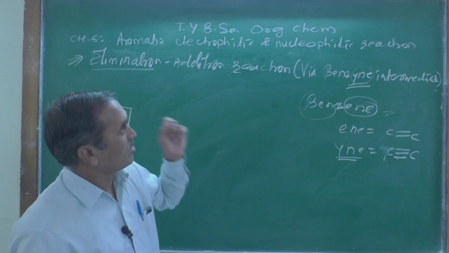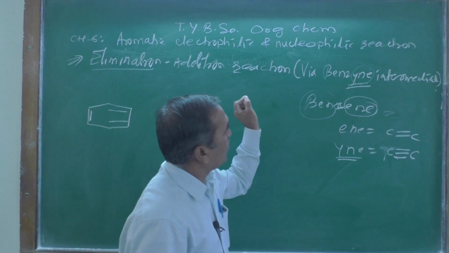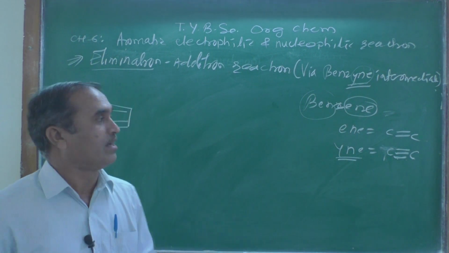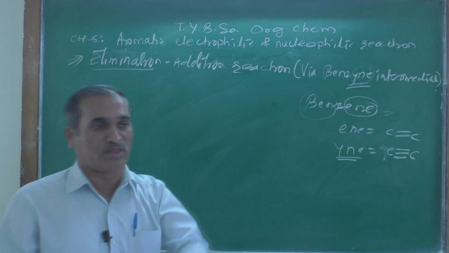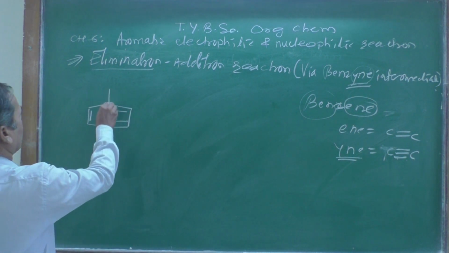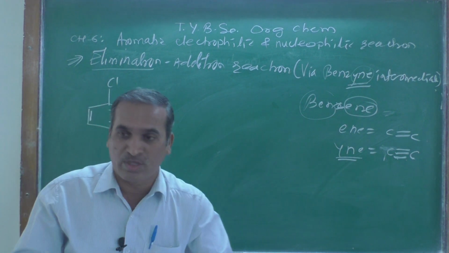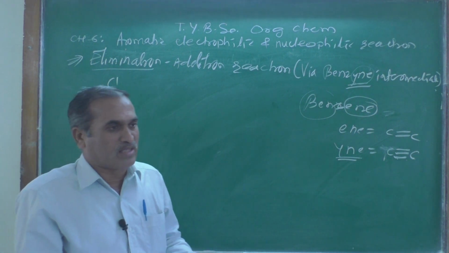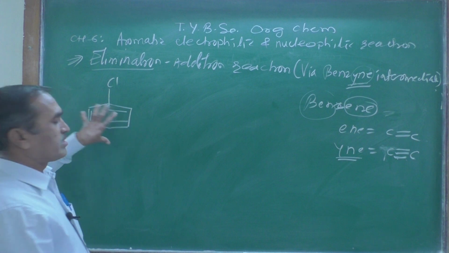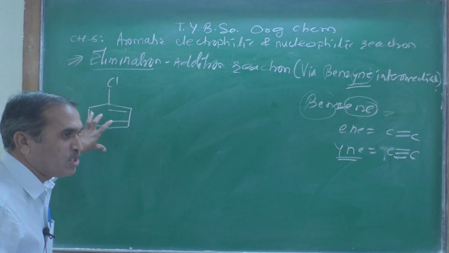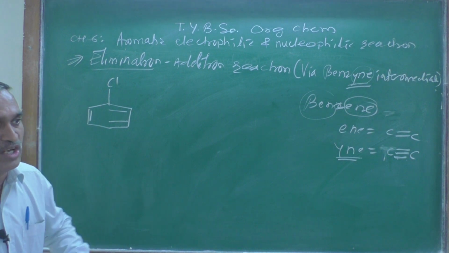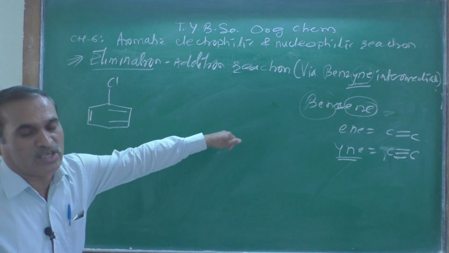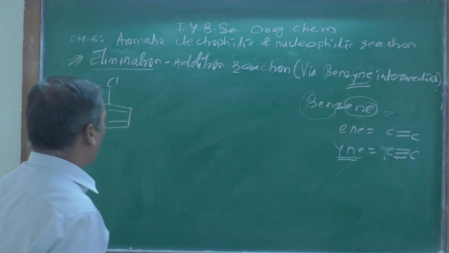They can proceed via benzyne intermediate. Now I am taking chlorobenzene. As we know, the chlorine atom is an electron withdrawing group, it withdraws electrons from the benzene, making the benzene nucleus electron deficient in nature, and therefore the nucleophile can now attack it, resulting in the formation of the product.